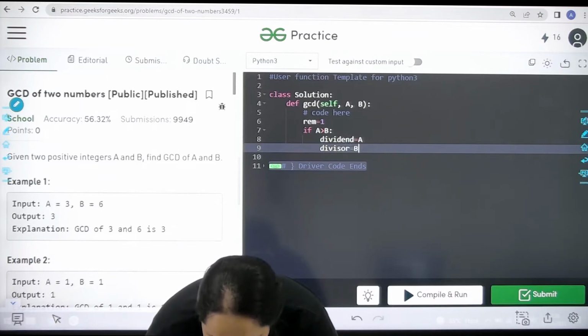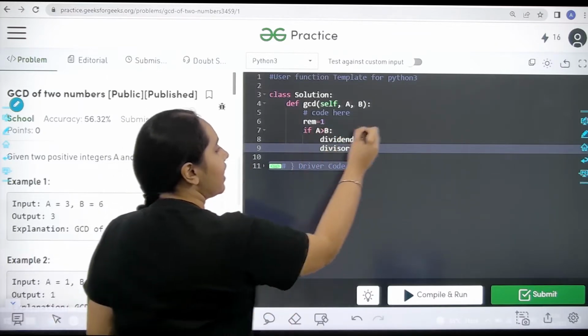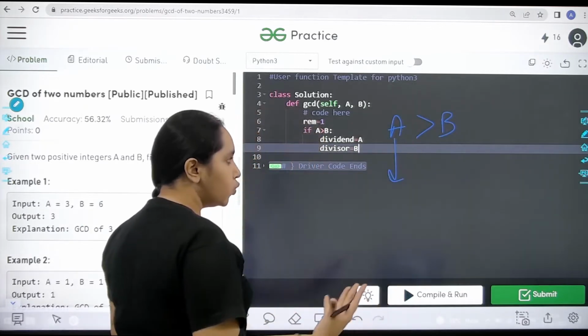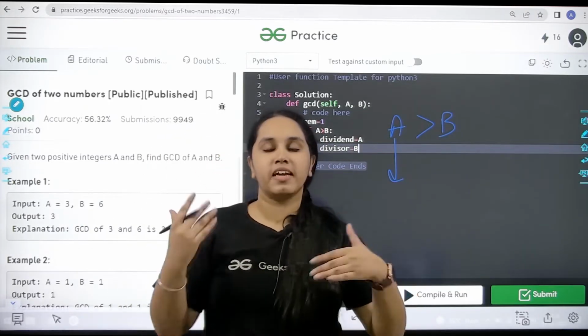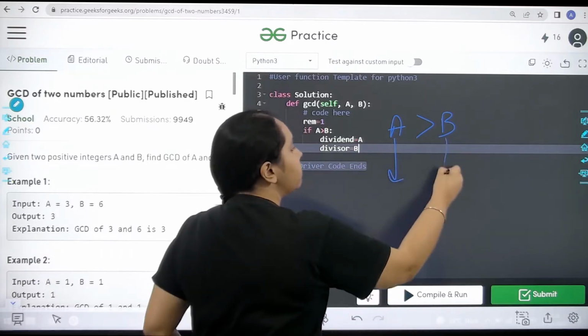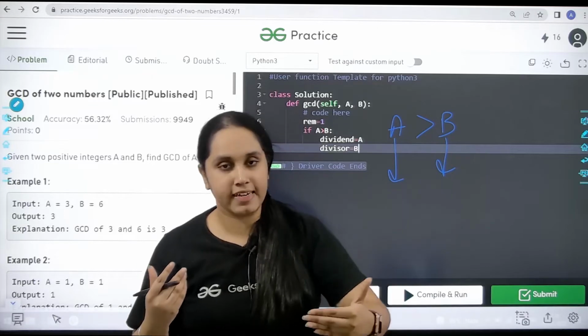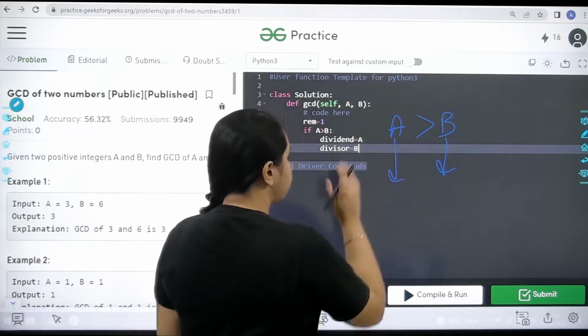Because A has a bigger value, it would be used as the value which is being divided, and because B is small, it would be used as the value which is dividing A. I hope this is clear.